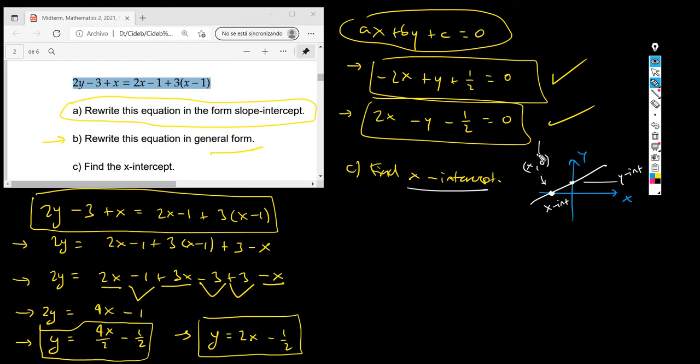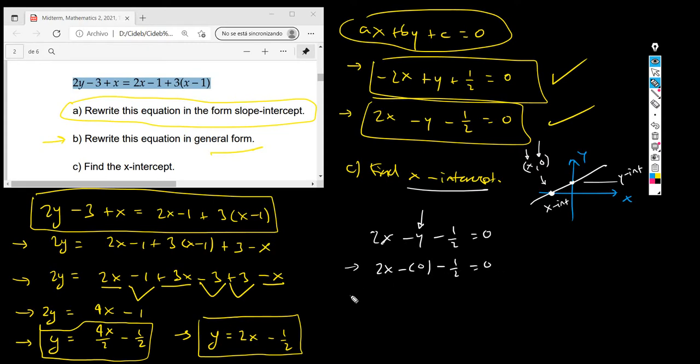If you already know that the y must be 0 in order for you to find the x-intercept, then just choose the equation 2x minus y minus 1/2 equals 0. Choose it or write it down. Give y the value of 0, and by doing this, you would be finding the value of x.